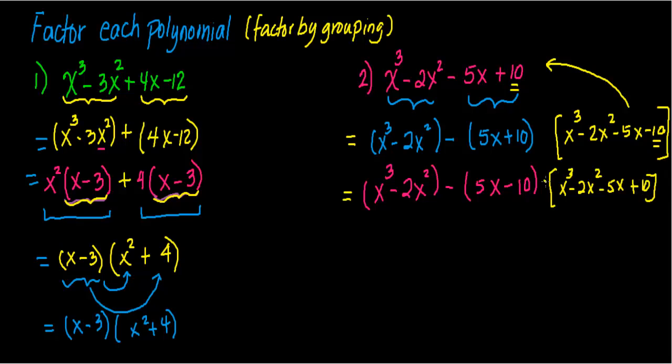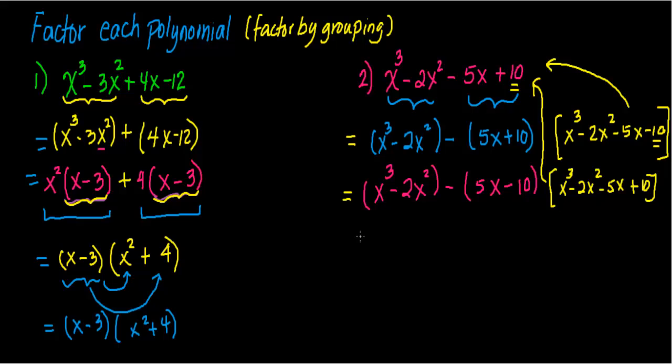And this does look like my original polynomial. So be careful here. I have to do adjustments to make sure I have the original function. Okay? And this is what we did.